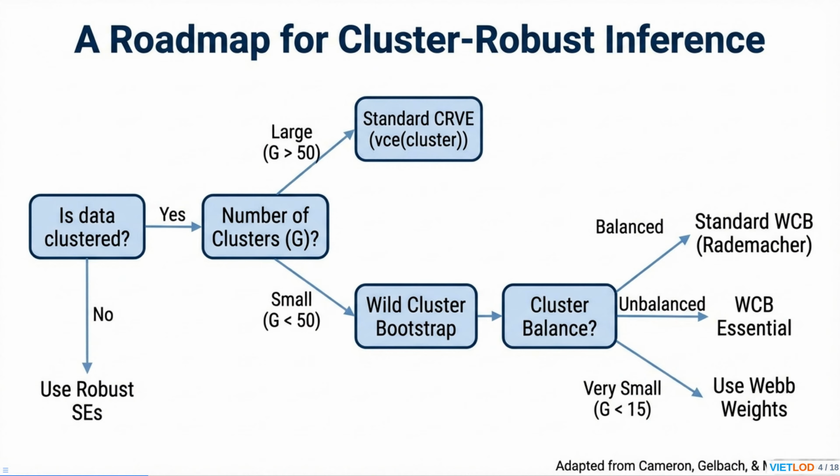If your clusters are relatively balanced and G is still within the small but not very small range, e.g. between 15 and 50, the standard Wild Cluster Bootstrap, often using Rademacher weights, is appropriate. However, if your clusters are unbalanced, or if G is very small, meaning fewer than 15 clusters, then the use of the Wild Cluster Bootstrap is essential, and specifically employing Webb weights will provide more robust and reliable inference by generating a greater variety of bootstrap samples.